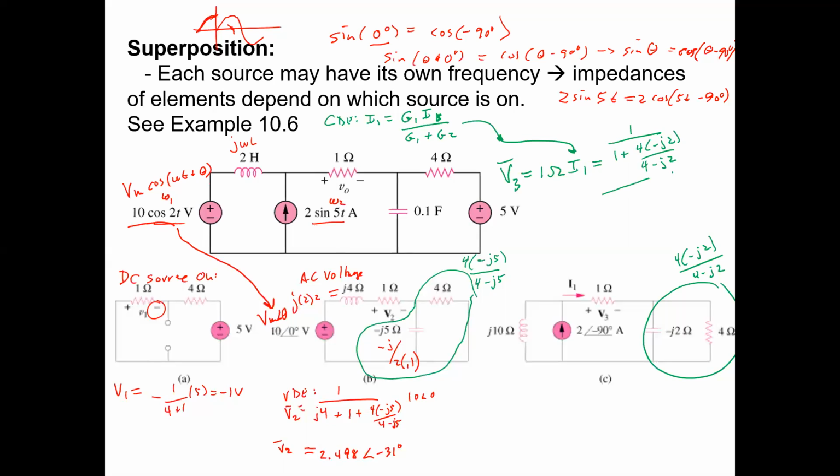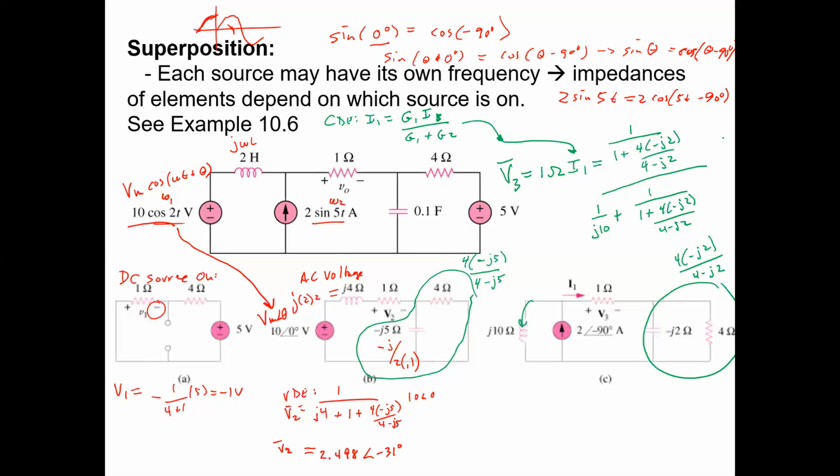Then we got to do the sum of G1 plus G2. Well, G2 is this path over here. This G2 is J10. So we're going to say 1 over J10 plus this 1 over 1 plus 4 times minus J2 over 4 minus J2.